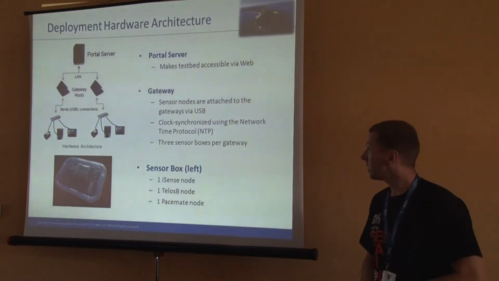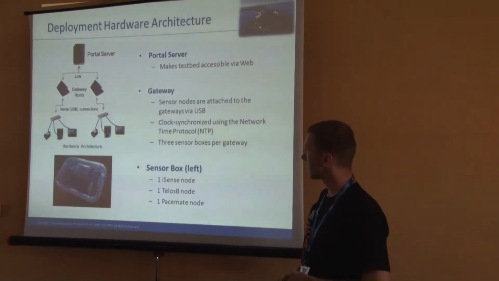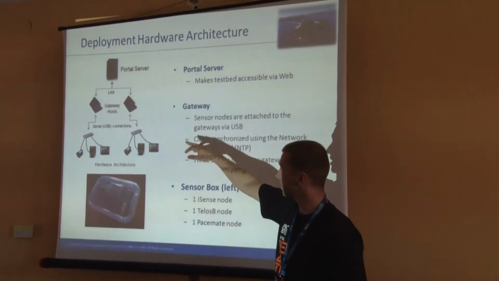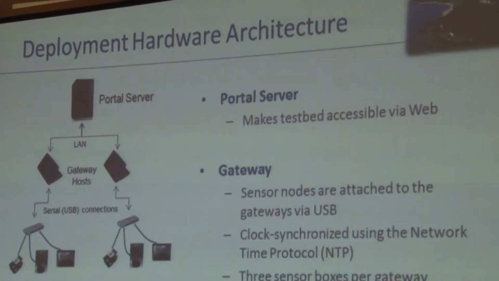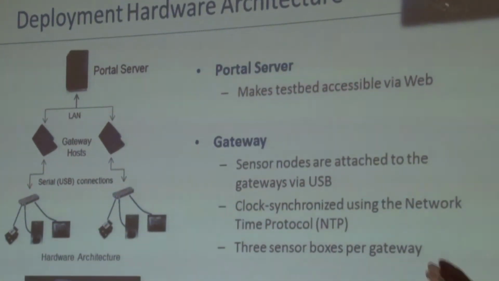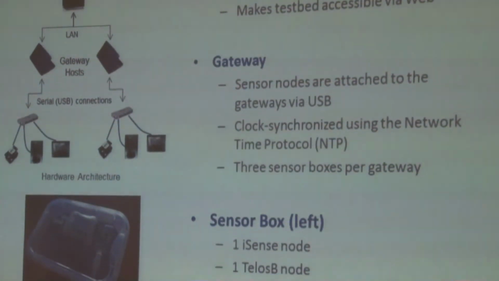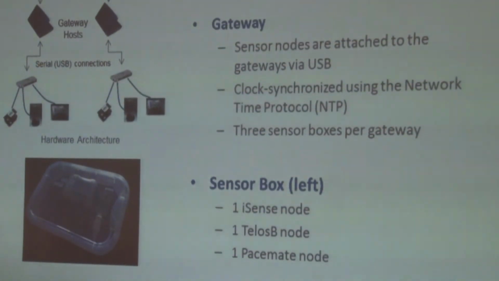The deployment looks basically like this. I was referring to the wired backbone, so all the nodes are attached via USB to gateway hosts. Basically, it's the same mechanism as in place as in Guildford. And the gateway hosts themselves are also attached via network to the portal server, and experimenters connect to the portal server in order to interact with the testbed.